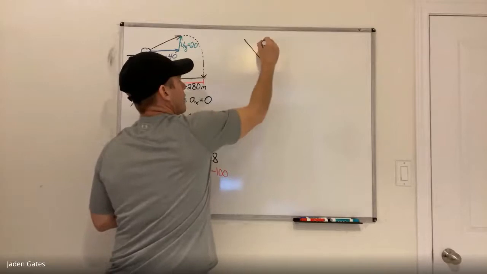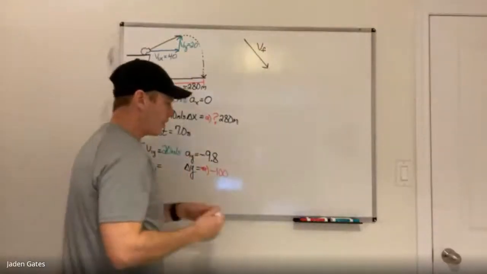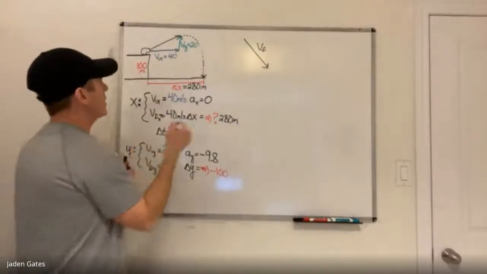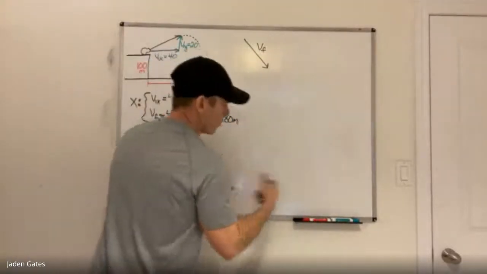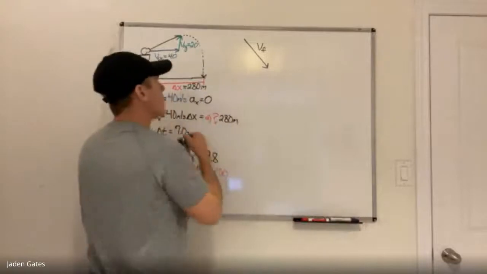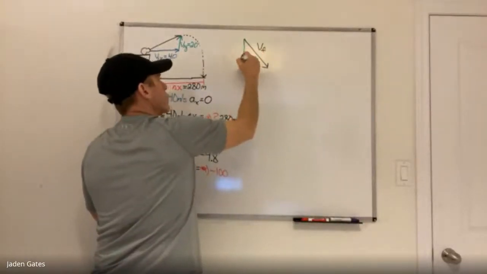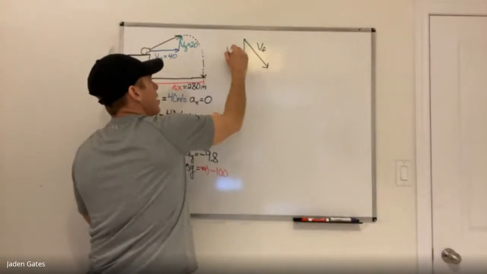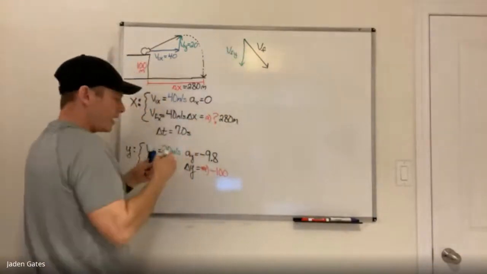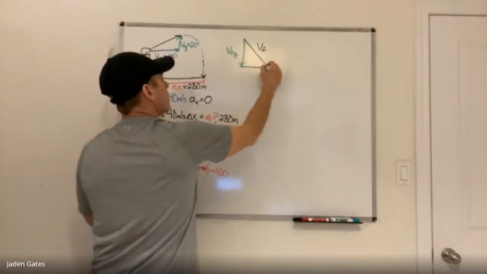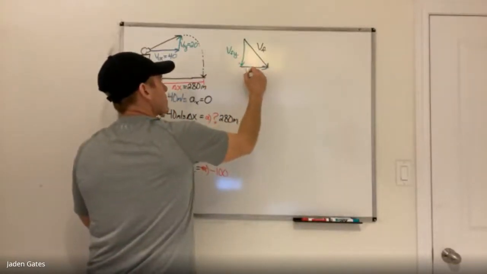There's our VF. Now, our VF consists of 2 components. We have our vertical component, which is clearly directed down, our VFY. And we also have our horizontal component, our VFX.